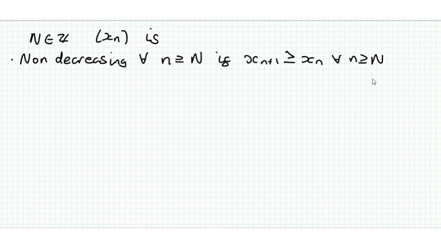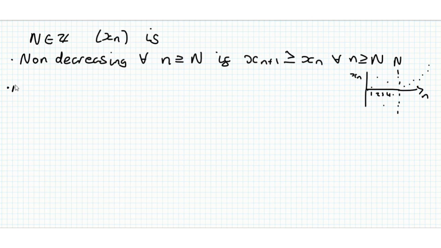And that essentially, if we were to plot our sequence on a graph, so we have 1, 2, 3, 4, these are our n, this is our xn, we've got some value here, like big N, on the x-axis, so the sequence can be doing all sorts of things up to that point, but then after this big N, every point in the sequence has to not get smaller. Okay, so that's what that would look like.